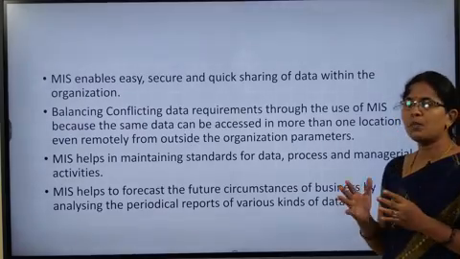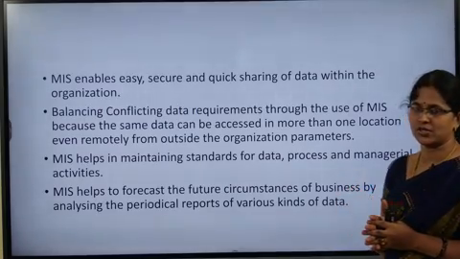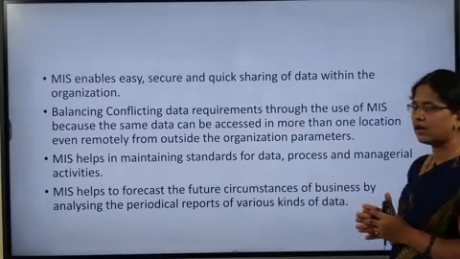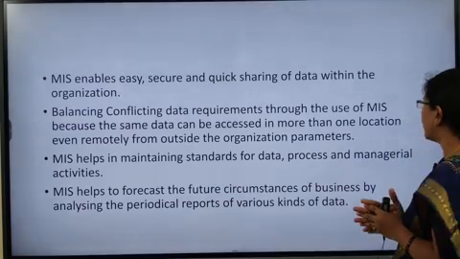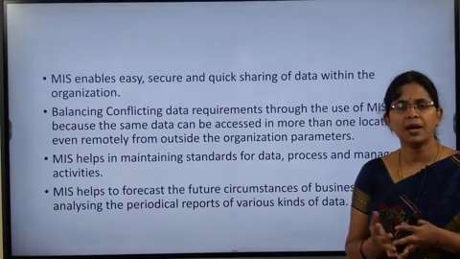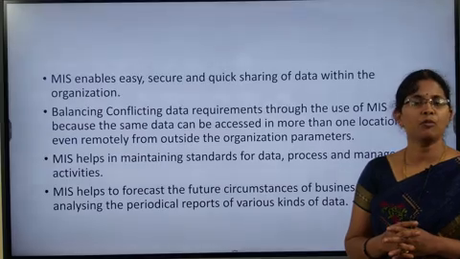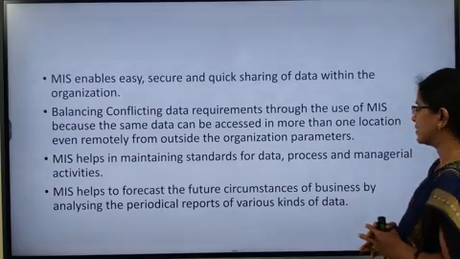And it balances the data requirements throughout the organization, because the same data can be accessed in more than one location. It means at a time the same data can be accessed by multiple persons. That is one more beauty of management information systems.